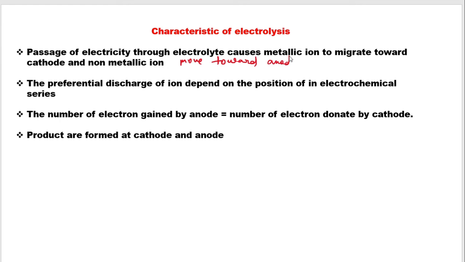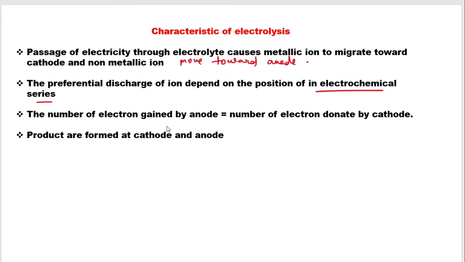Now, suppose in your solution different kinds of ions are formed: different kinds of positively charged species and different kinds of negatively charged species. So there is a preferential discharge of ions depending on their position in the electrochemical series. That means which ion will be preferred over the other. It is determined by where it is placed in the electrochemical series, which I will discuss in my next video.